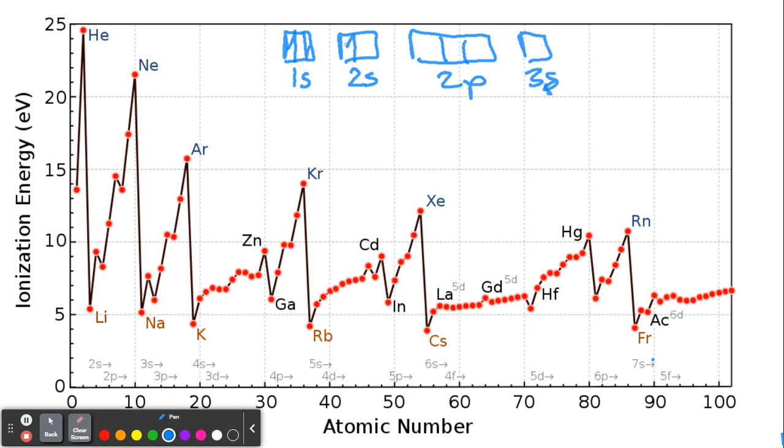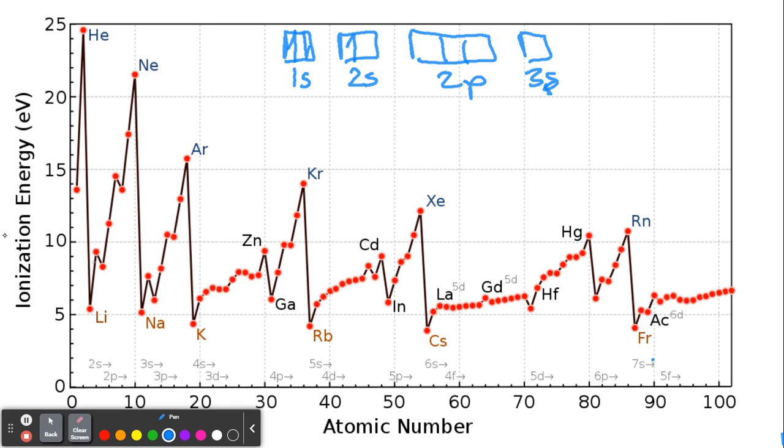Think about that. If I get rid of that one electron in 2s, then lithium has a full shell. It's very stable. As a result, it's very easy to remove lithium's electron in 2s. That's why the first ionization energy of lithium is so low.